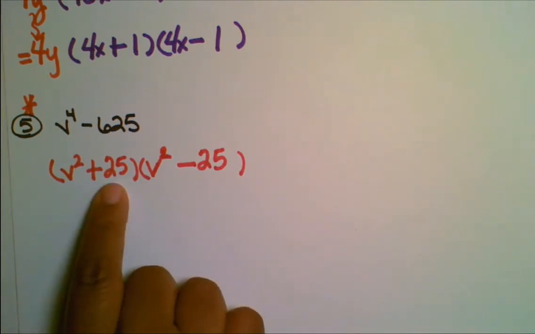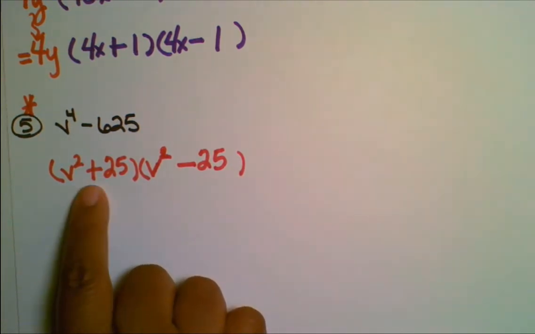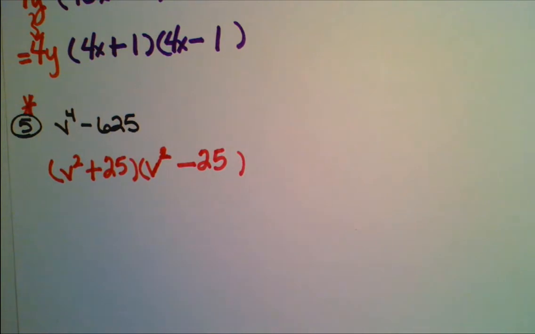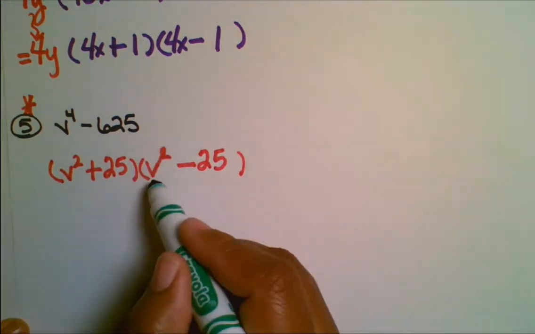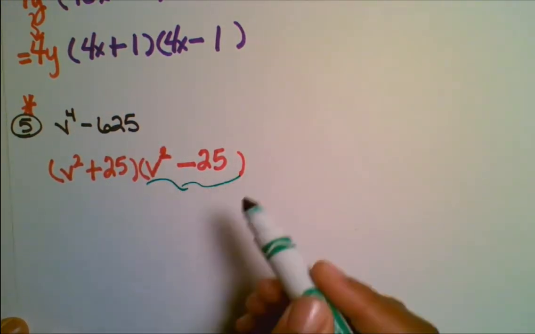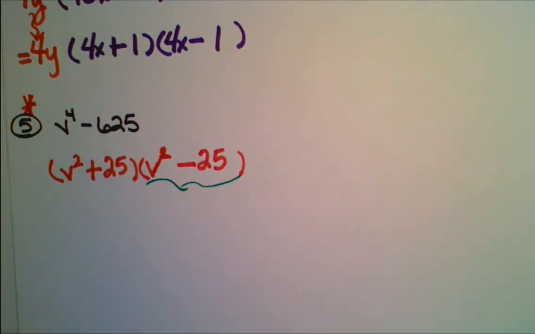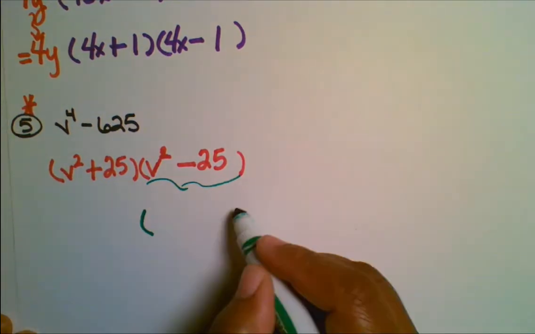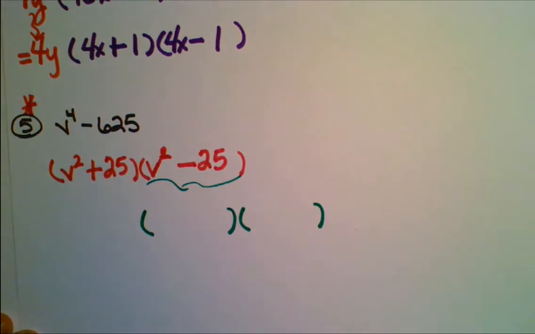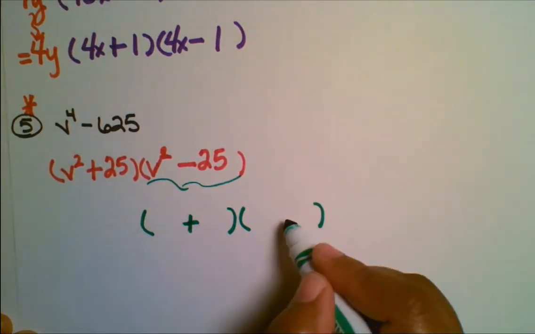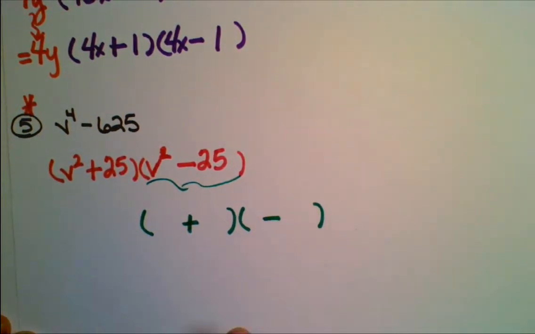The v squared plus 25, we can't do anything to that because remember, when we go back in FOIL, our goal is to have the middle terms cancel out. So we're going to factor the v squared minus 25. And then set up your template, place your opposite signs in the parentheses, and let's break down.